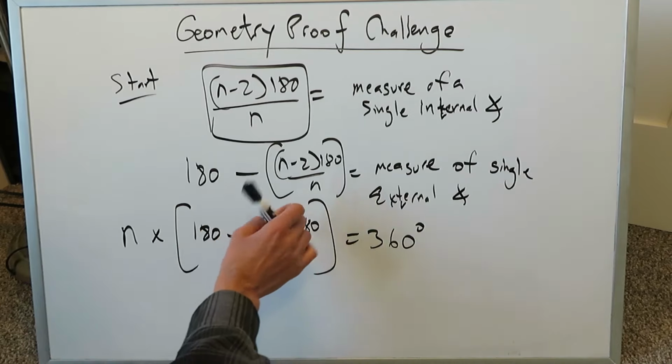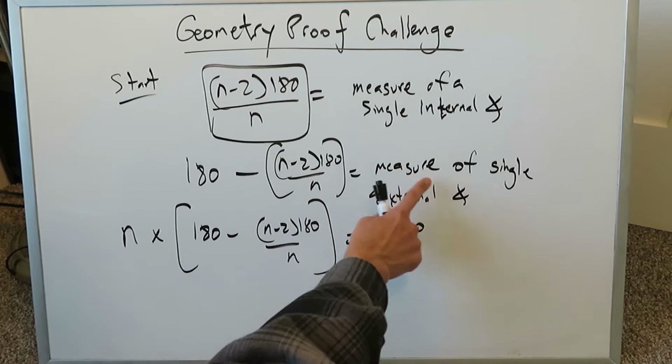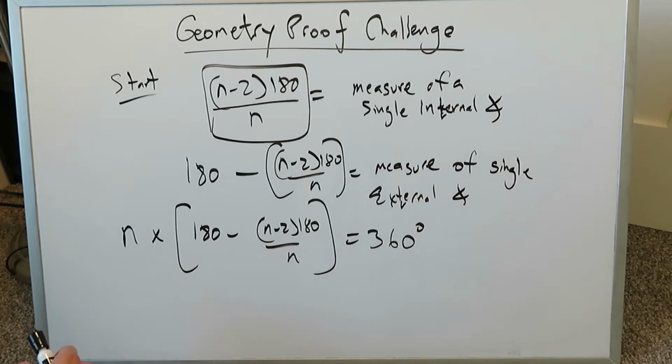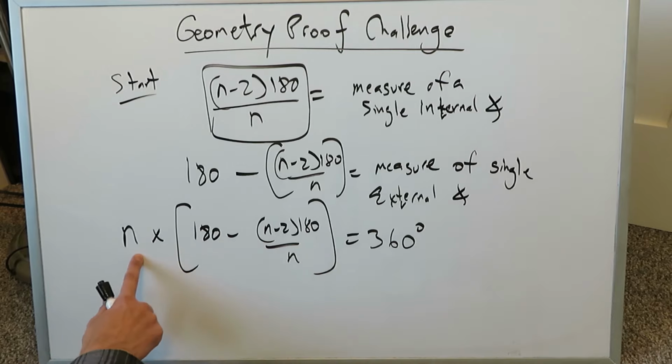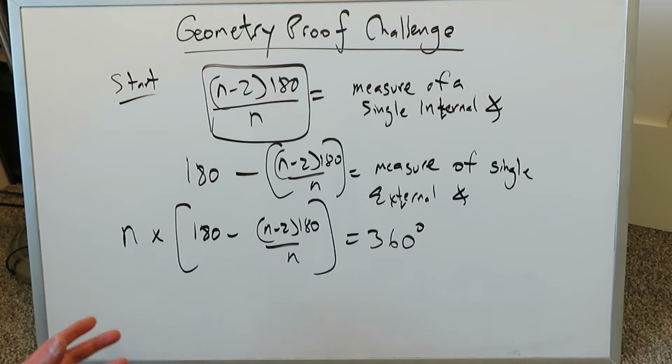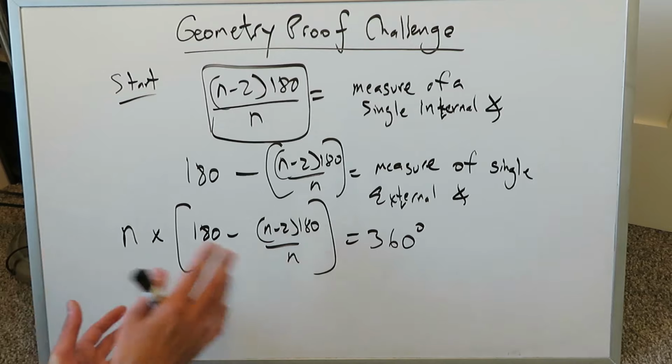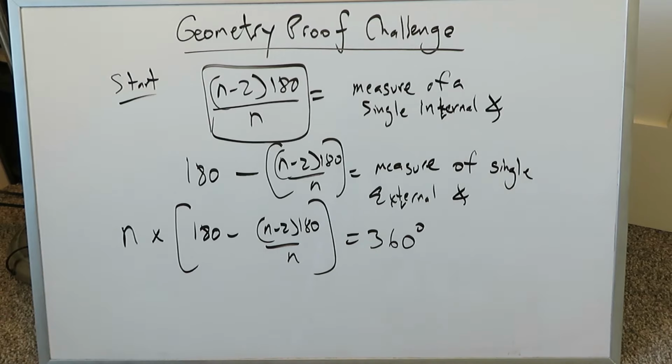You can do 180 minus that internal angle measure, and it'll give you a measure of a single external angle. If you multiply this by the number of sides, you should get 360, because that's what we're saying: the measure of all the external angles for a polygon, when you add them up, you'll always get 360 degrees. And that right there should take us to our last step.